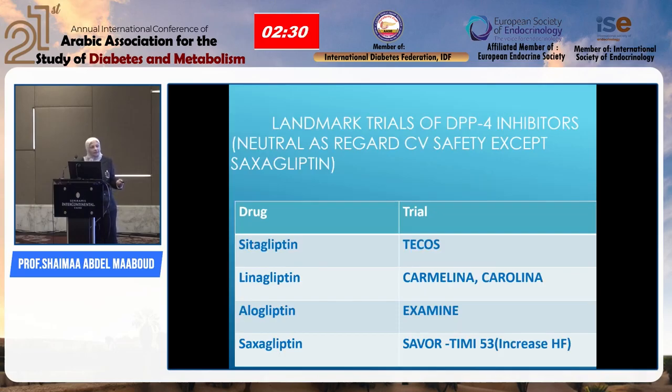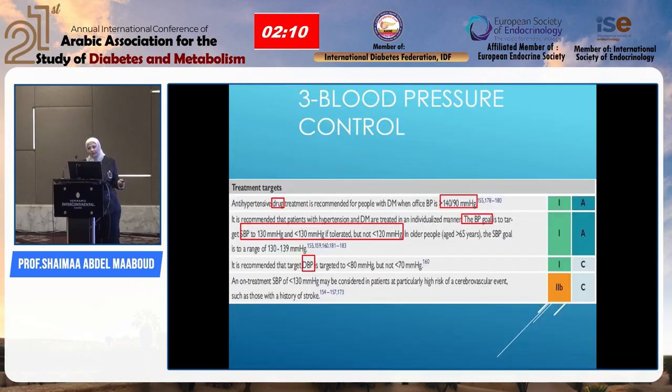Landmark trials in DPP-4 inhibitors were neutral as regards cardiovascular safety except saxagliptin, like sitagliptin, TECOS, and linagliptin, CARMELINA, CAROLINA, alogliptin, EXAMINE. Saxagliptin, SAVOR-TIMI 53, showed an increase in heart failure, so it is contraindicated in heart failure patients.